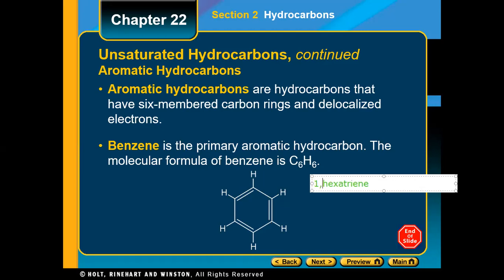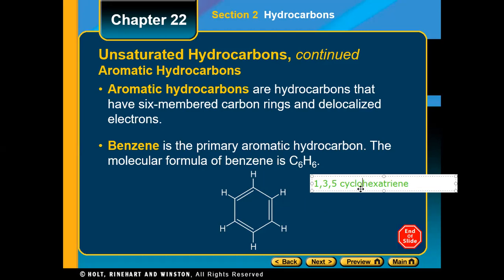So this is going to be 1,3,5-hexatriene. Now it's also a cyclo. Can you see that? Yes, because it's a ring, and I mentioned to you before that whenever you have a ring, you have to say cyclo and whatever is the name of the hydrocarbon.